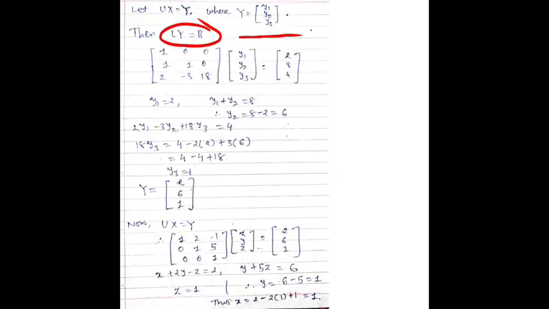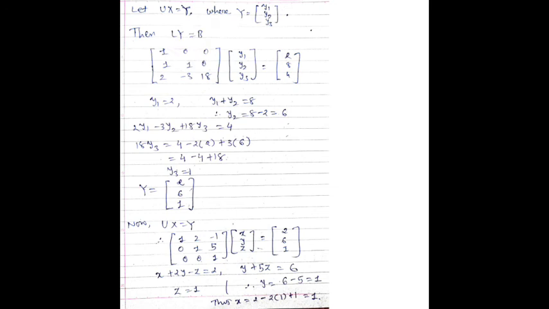Further, if you choose Ux is equal to Y, where Y is the column matrix Y1, Y2 and Y3, then Ly is equal to B, that we have seen. So in Ly is equal to B, we have found the value of L and put it in this equation.